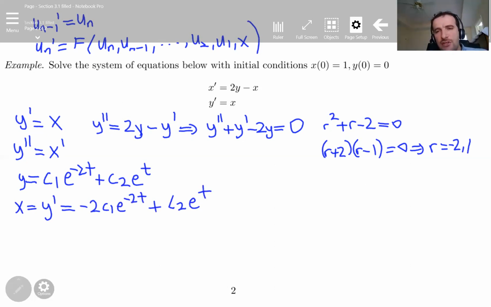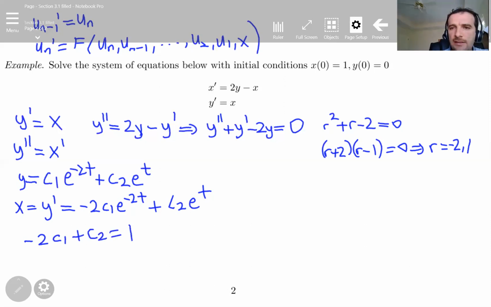And this is an initial value problem, so we can use the initial values. x of 0 is 1. If I plug in 0 for t here, e to the 0 is 1. So negative 2 c1 plus c2 is equal to 1.